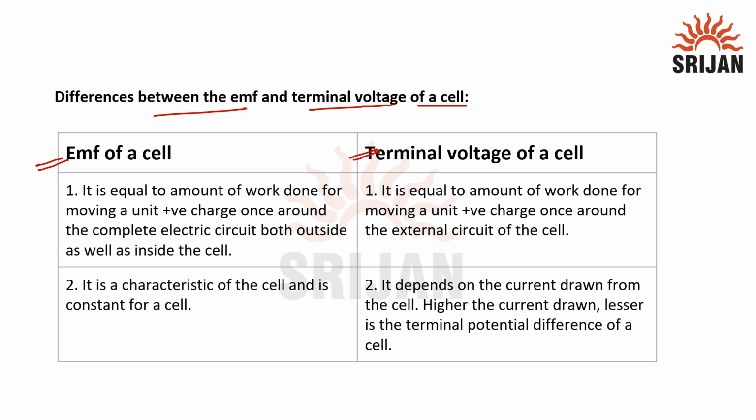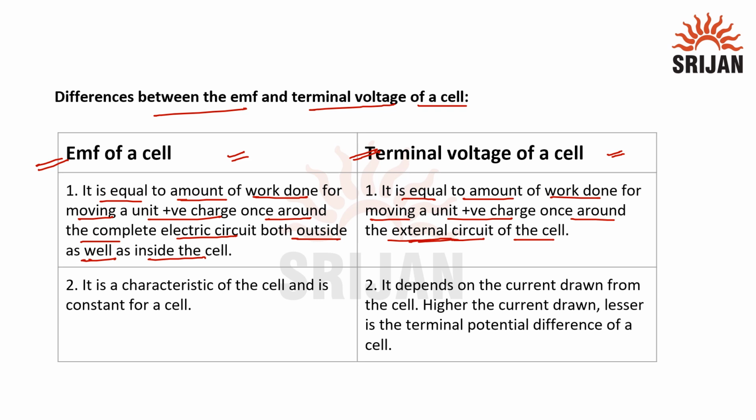EMF of a cell is equal to the amount of work done for moving a unit positive charge once around the complete electric circuit, both outside as well as inside the cell, whereas terminal voltage of a cell is equal to the amount of work done for moving a unit positive charge once around the external circuit of the cell. In EMF, the complete circuit is considered, whereas in terminal voltage, only the external circuit is considered.